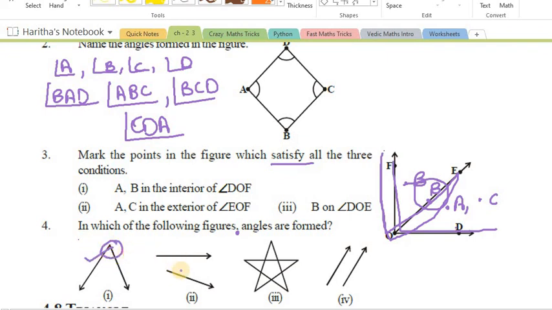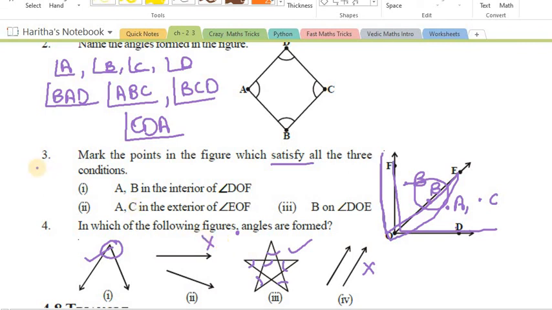Yes, here you will get an angle. Okay, so here no, because there is no common point. That is the reason we are not going to get angles formed.